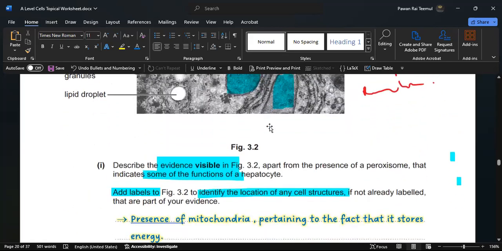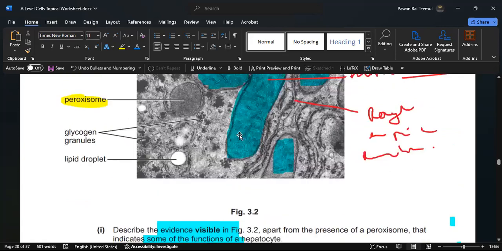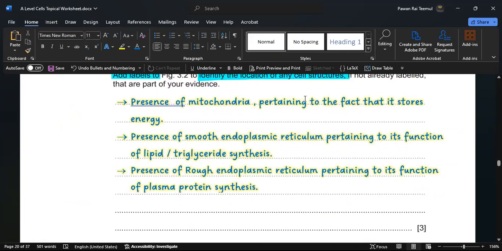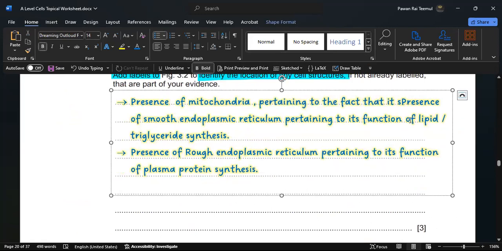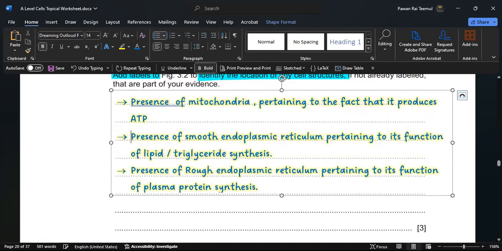It's called glycogen granules. It says indicates some of the functions of the hepatocyte. So glycogen granules is what stores energy. The presence of mitochondria pertains to the fact that it produces ATP.